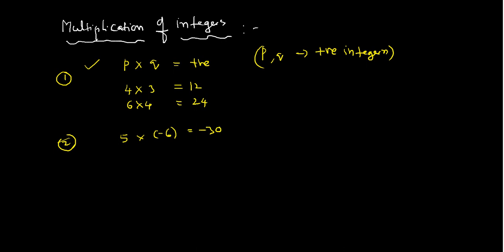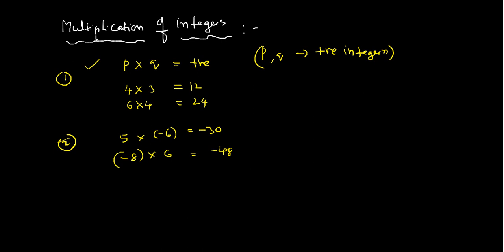Whereas if you take minus 8 multiplied by 6, you will get minus 48, which is also negative. So what it indicates is that if any one of the integers in the multiplication is negative, the final answer is also negative.